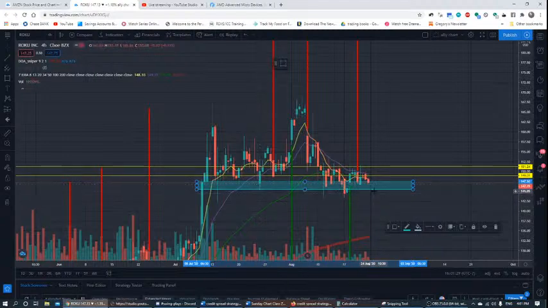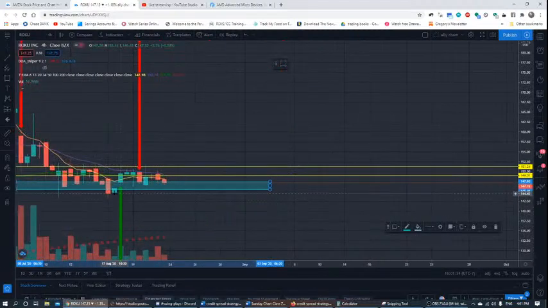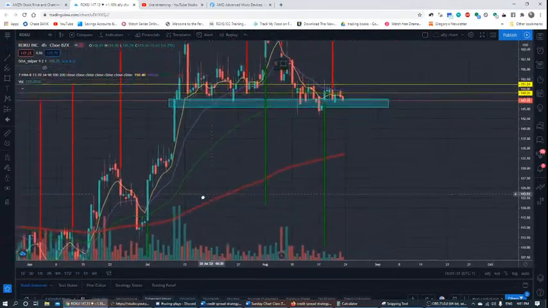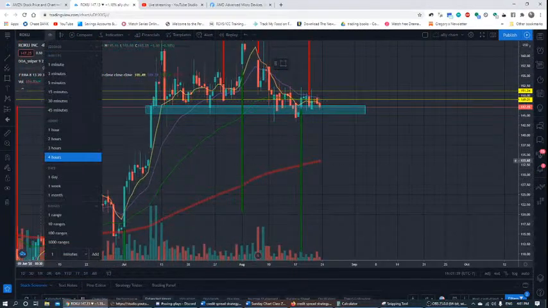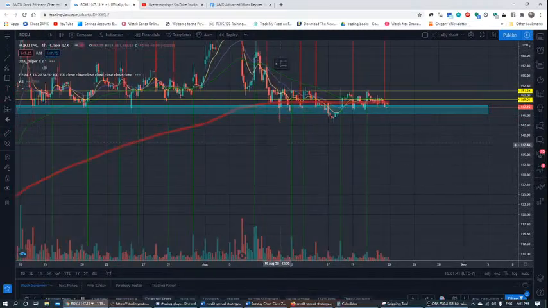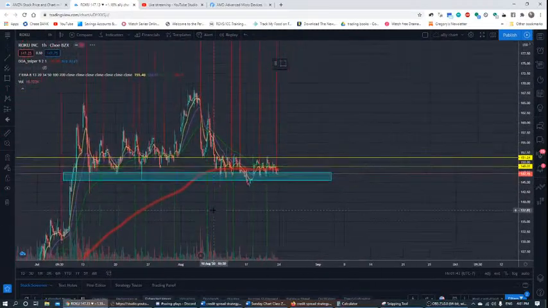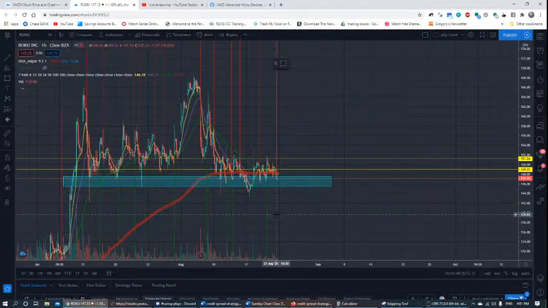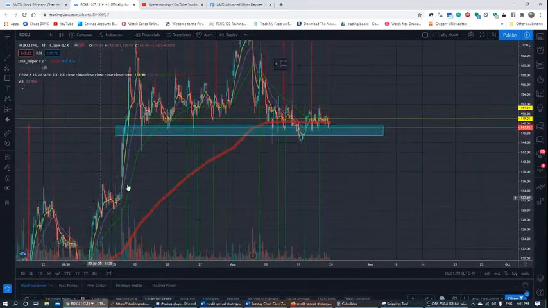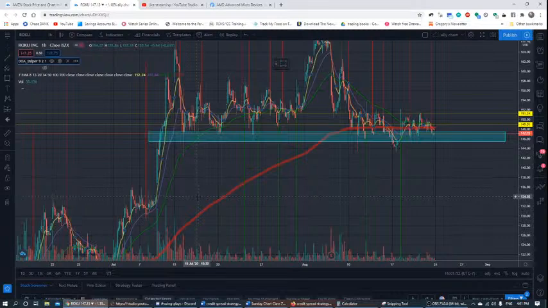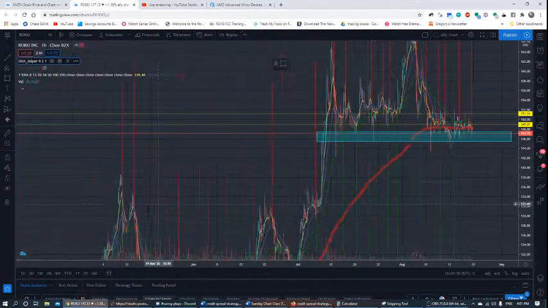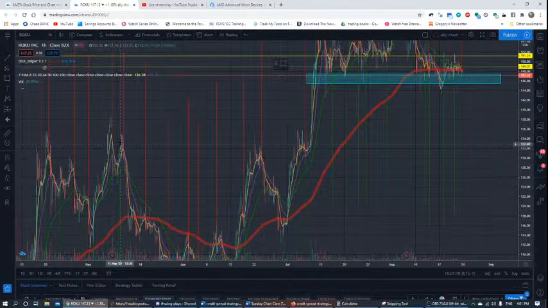Right now, I don't know what Roku's doing. The 4-hour time frame still looks bullish, but if I break it down to hourly, it looks like it wants to break down, so this looks like a short. If we short this, we always want to look back at where we had a lot of support.